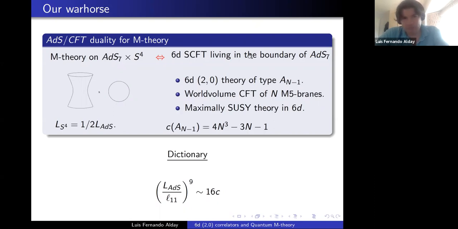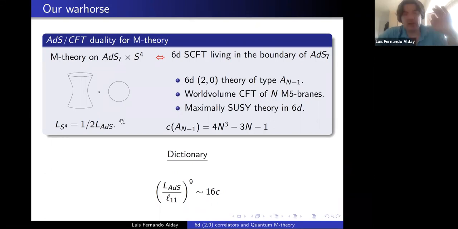And this theory has a central charge, and it turns out that this central charge goes more or less like n cubed, where n is the number of M5 branes. Now, the AdS/CFT duality provides us also with a dictionary between the parameters on both sides.